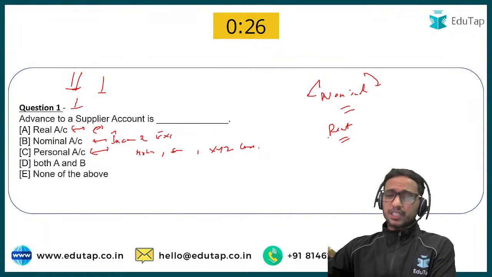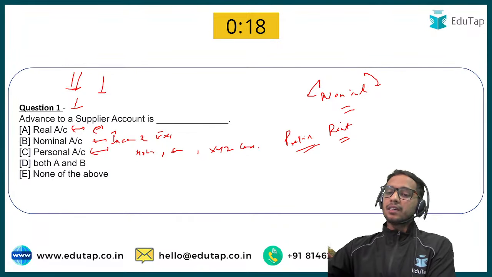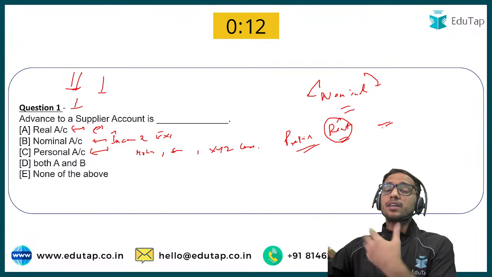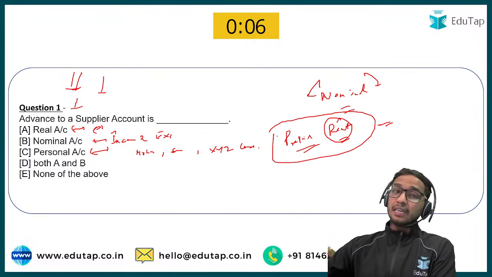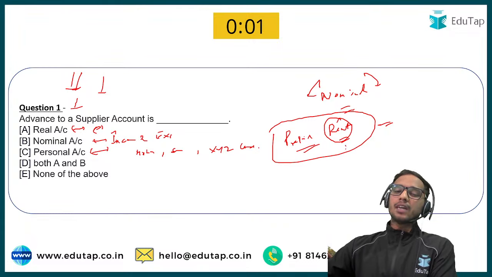But suppose you have prepaid rent, so it will be like prepaid rent. Whenever you prefix or suffix anything to the nominal account, like rent accrued, that becomes your personal account. Please remember this: outstanding rent, prepaid rent, interest accrued, all these are personal accounts.